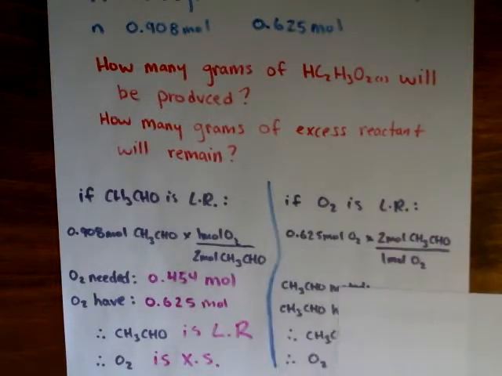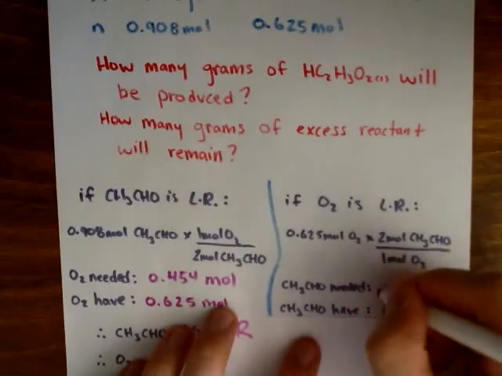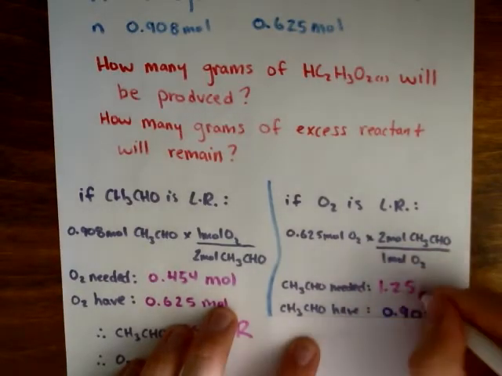Now, if we look at the oxygen instead, we'll still end up with the same answer, but as I said, this is useful later on. Using the amount of oxygen that we're given and the mole ratio between oxygen and acetaldehyde, we see that the amount of acetaldehyde that's required to stoichiometrically react with all of the given oxygen is 1.25 moles.